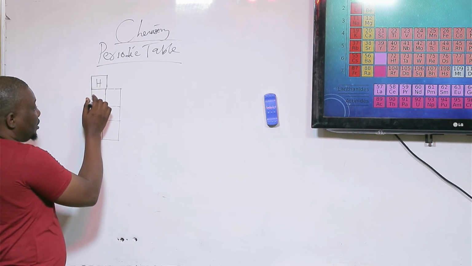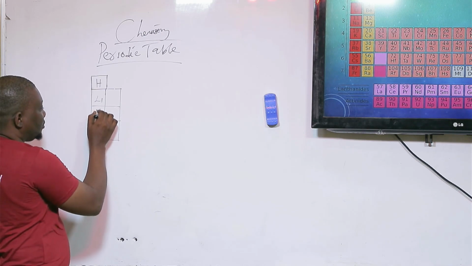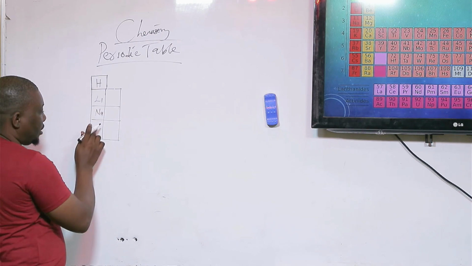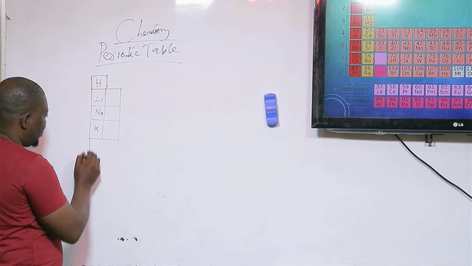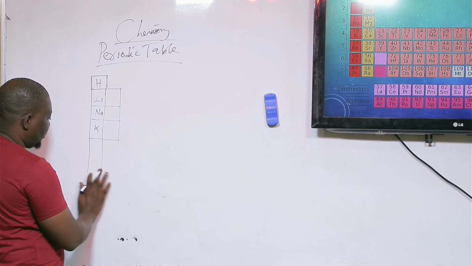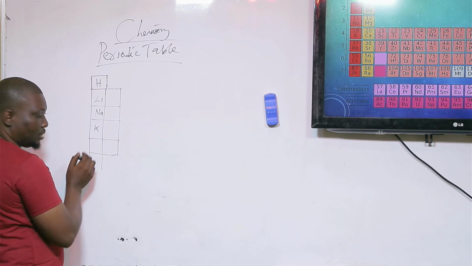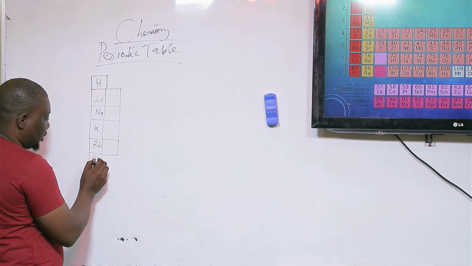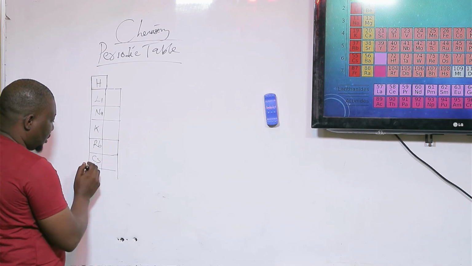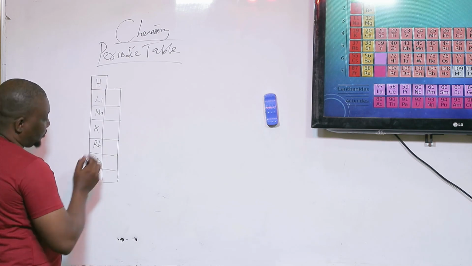Now I have hydrogen here. The next element here will be lithium, followed by sodium and potassium. Are you there? By extension, the next element after potassium is rubidium, then cesium, and finally francium.